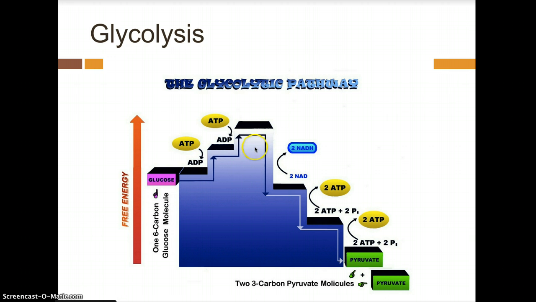Then as this molecule gets broken down and goes down the electron transport chain, energy is released, creating NADH and ATP molecules. When these ATP molecules are produced, we also have pyruvate produced as a low energy molecule.